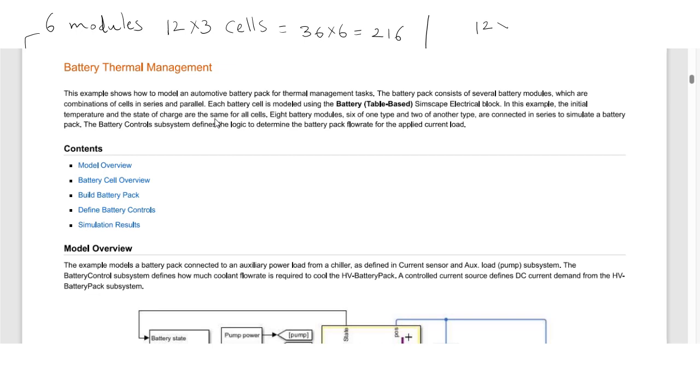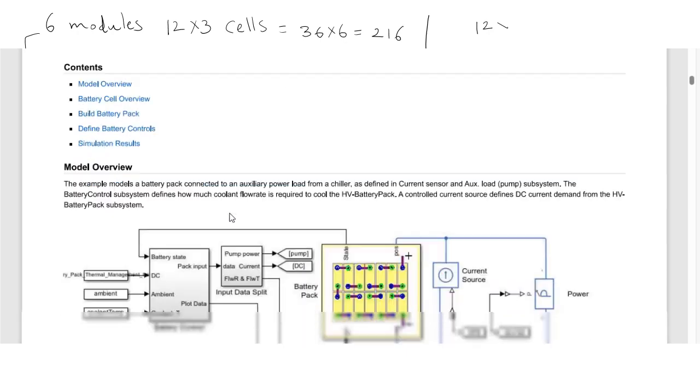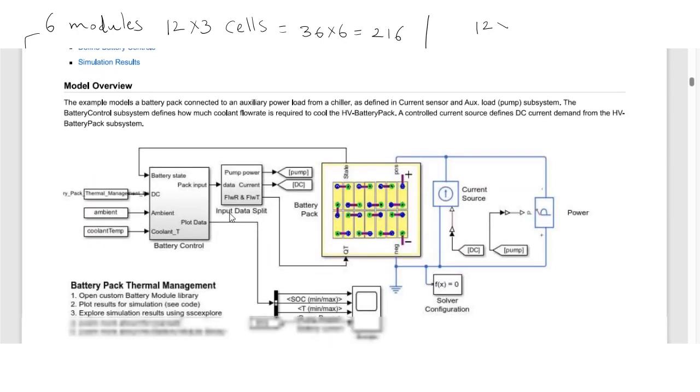So the battery is connected to some load. Whatever flow rate of the coolant is required, that will be decided by the battery control subsystem. So this is the overview of the model.